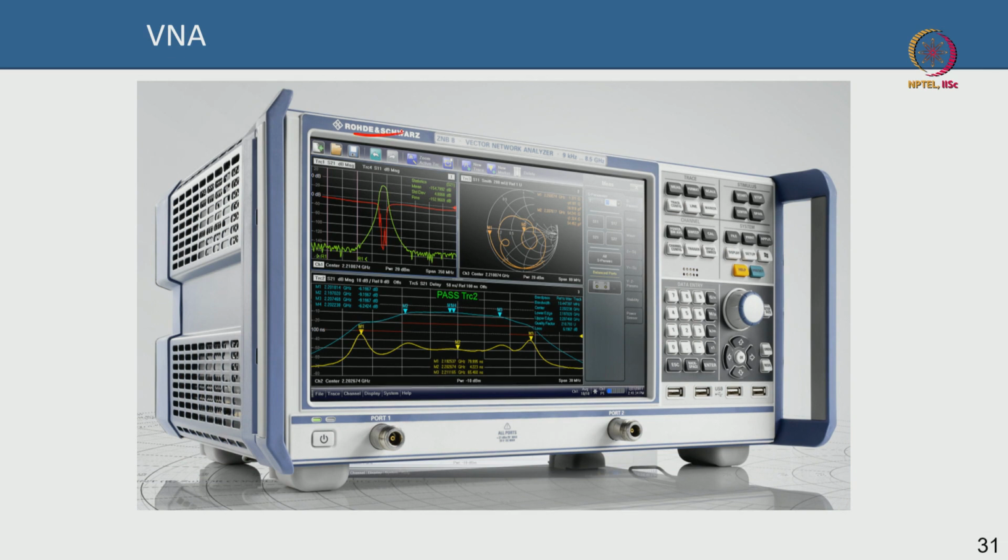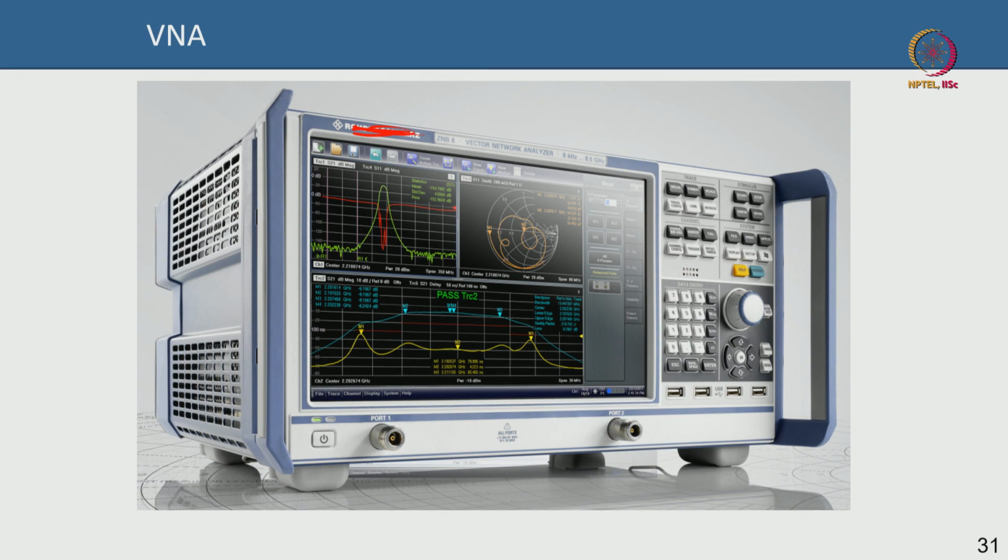I am not advertising for any company here, there are many good companies that sell vector network analyzers. A vector network analyzer is fairly complicated, but the basic premise is that it enables you to measure these S parameters as a function of frequency, and it does that by matching the port that you are not measuring.